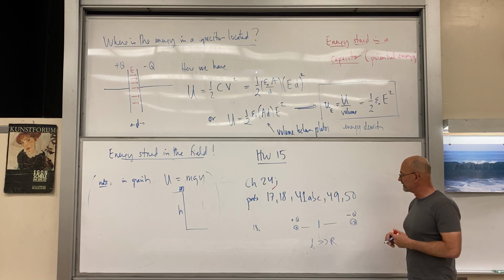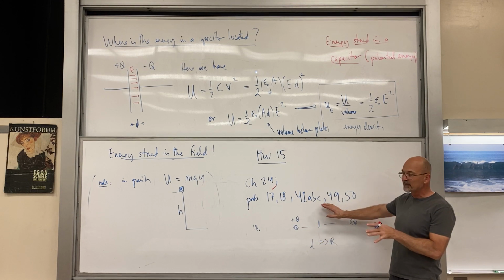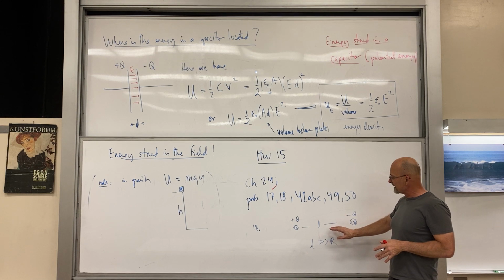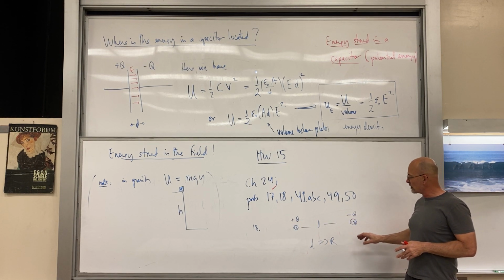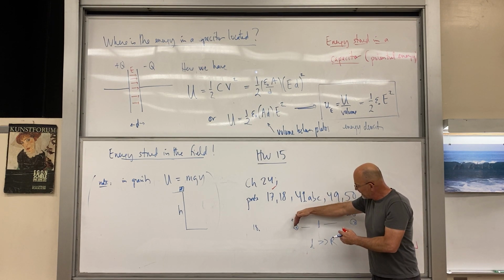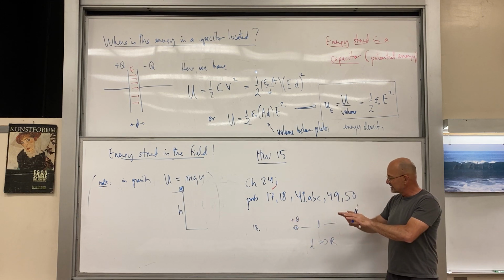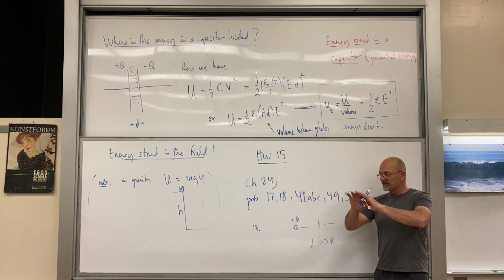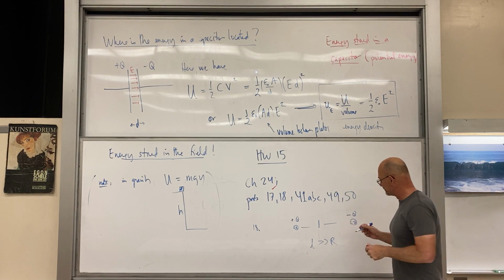The reason we have to specify that, if we want to get the capacitance of this, and it'll be an estimate, is that we have to be able to treat these things like point charges. In other words, in reality, if they're too close together, they're going to affect the charge distribution. But we're going to say they're far enough apart so we can treat the charge distribution as being uniform.